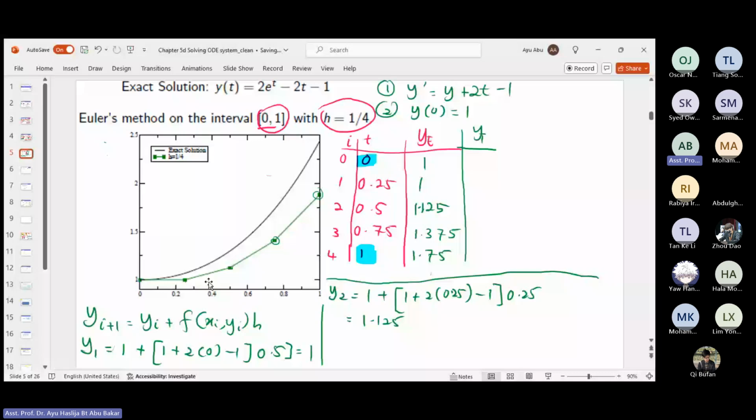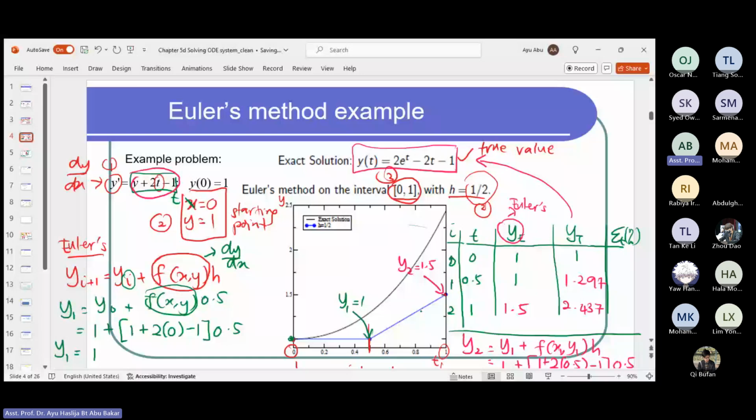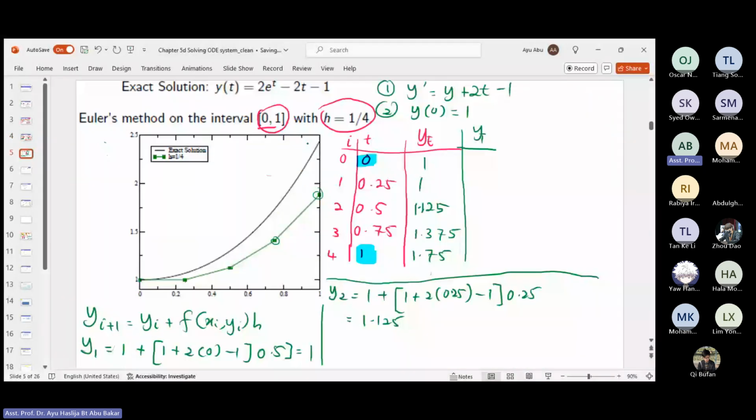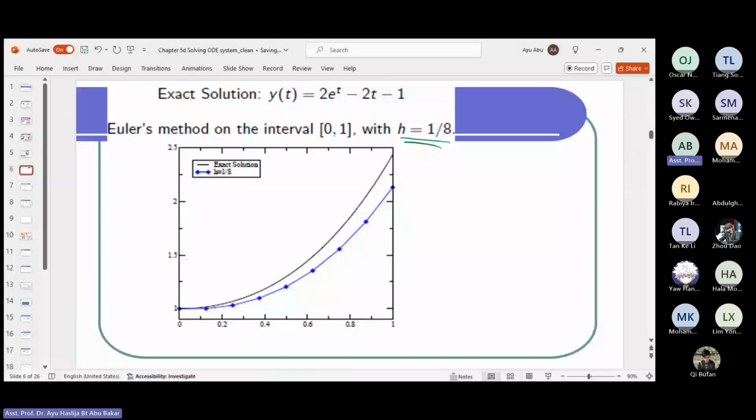You see the error for each of these, h equals 0.5 and h equals 0.25. The error value is reducing. This is the error area. When h gets smaller, the step size gets smaller, the error is reduced.